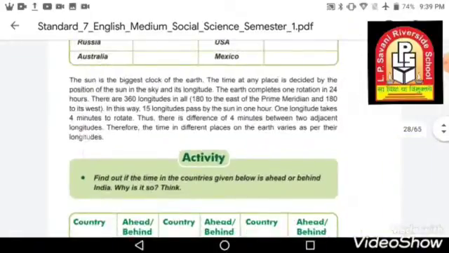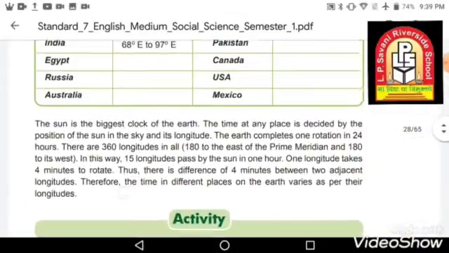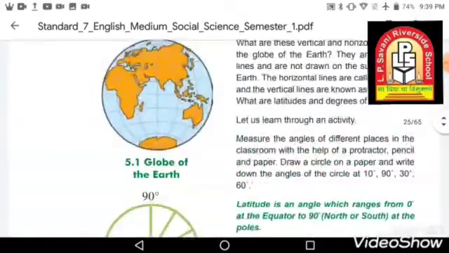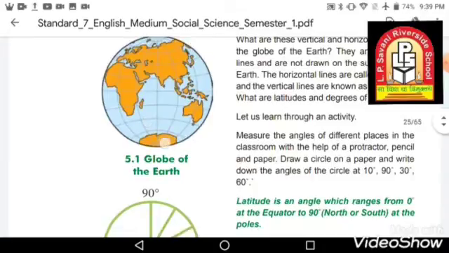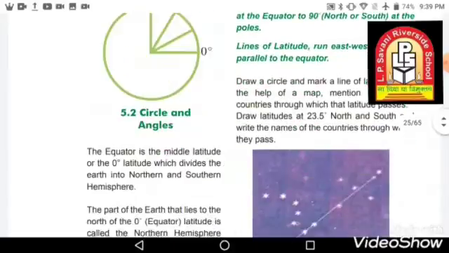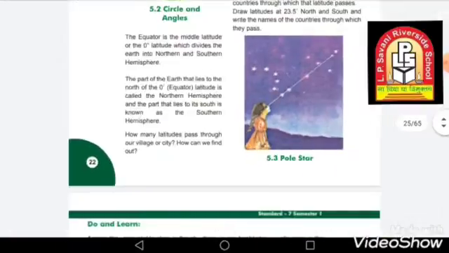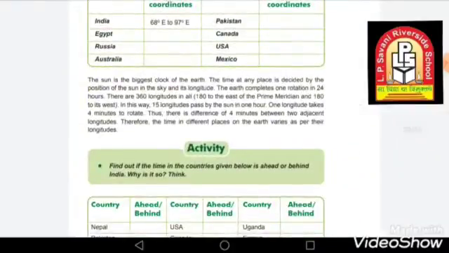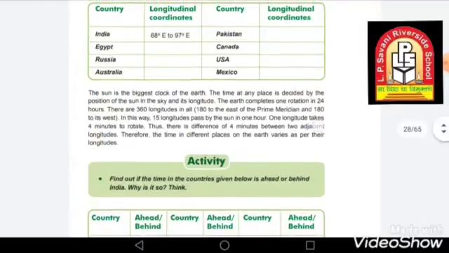Whenever the earth rotates and this longitude turns, it will create a difference of 4 minutes. So basically, as one longitude rotates, it makes a difference of 4 minutes, because it takes 4 minutes to rotate, right? Simple.